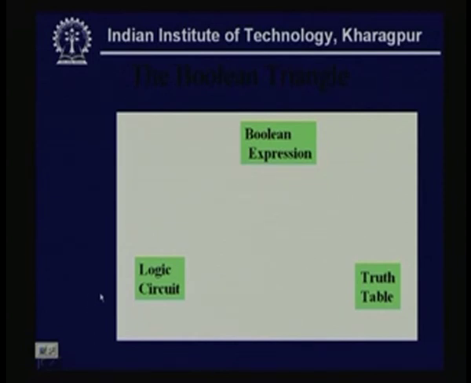Now, last day we have seen some Boolean expressions. That means, given a digital design to be built up, first we have identified some of the expressions, or the truth tables. We have seen how the truth table can be built up from the Boolean expressions, and again from the Boolean expression the logic circuits can also be built up.